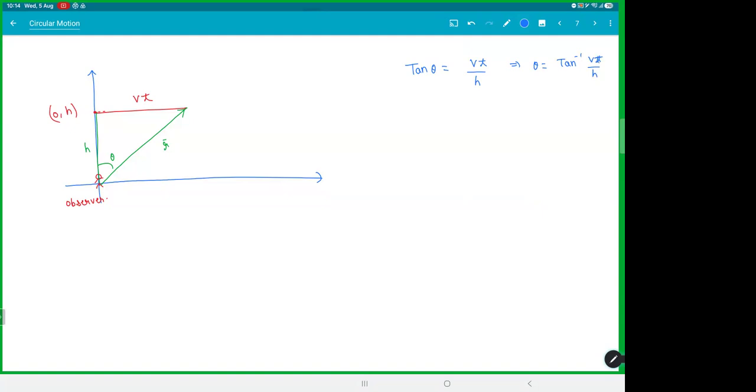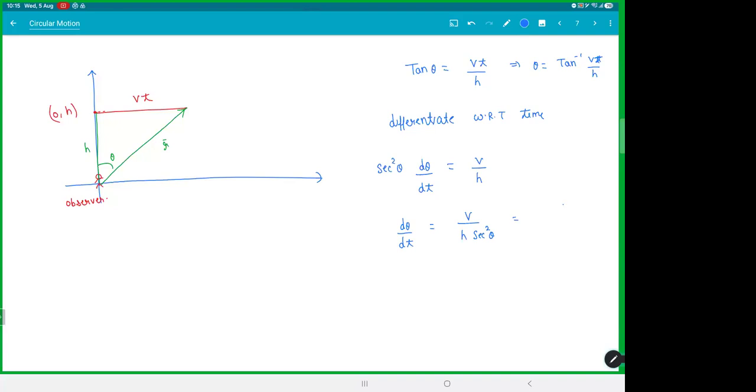You want angular velocity, we need d theta by dt. So differentiate this with respect to time. So if you differentiate tan theta, we get sec square theta, d theta by dt there. That's your omega. And this will become v by h. So d theta by dt is equal to v by h sec square theta.